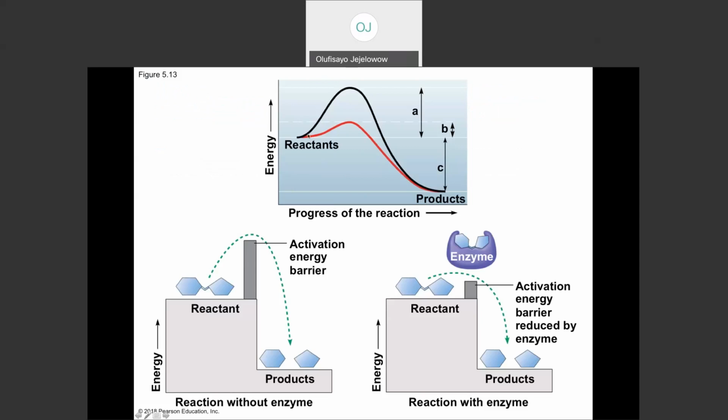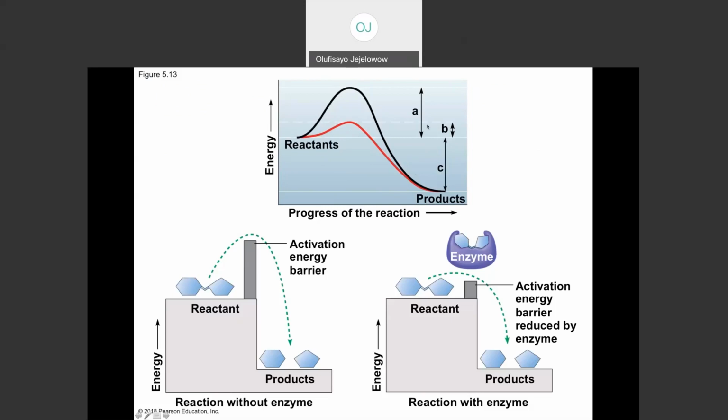The black line represents how the reaction would have taken place, how much energy would have been needed for the reaction to take place without an enzyme. And the red line here shows the reaction in the presence of enzymes. So this is the activation energy of the reaction.